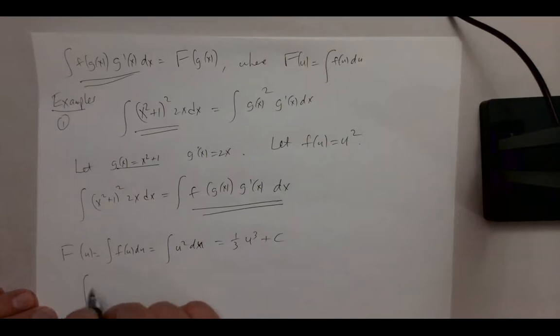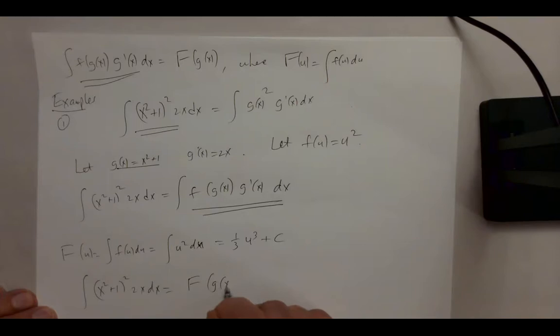So the integral of (x squared plus 1) squared 2x dx is capital F of g of x. That's 1/3 g of x cubed plus a constant.